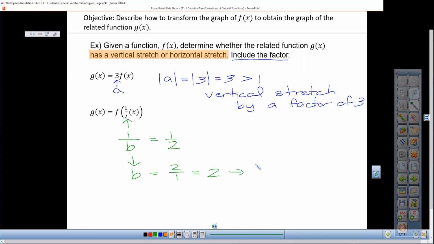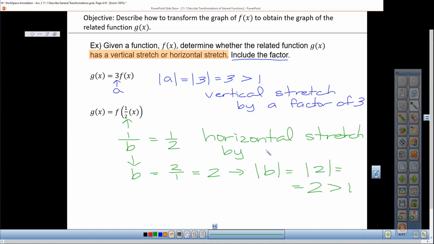Then we look at the absolute value of b, and the absolute value of 2 is, of course, 2. We compare that to 1. 2 is greater than 1, so we have a stretch. Here we have to realize the type of stretch we have is horizontal because we're working with b. So this is a horizontal stretch by a factor of 2.